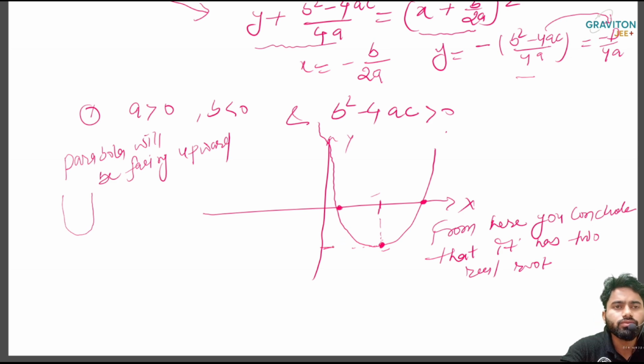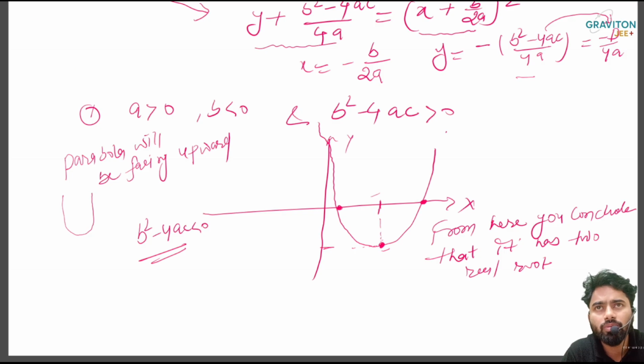In the same manner, suppose b square minus 4ac is negative. Now look at the expression.